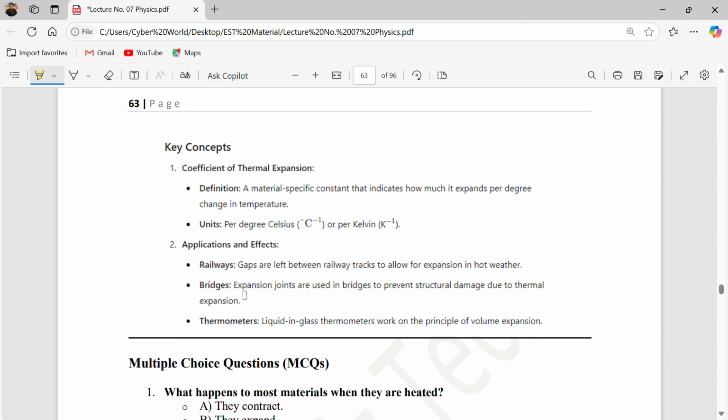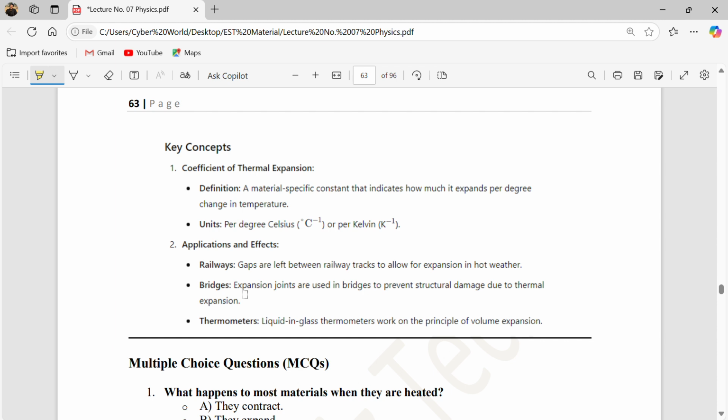Now let's check the coefficient of thermal expansion. As I mentioned, the coefficients of thermal expansion are alpha and beta. The coefficient of thermal expansion is a material-specific constant that indicates how much a material expands per degree. It depends on the material; every material has its own thermal expansion coefficient.